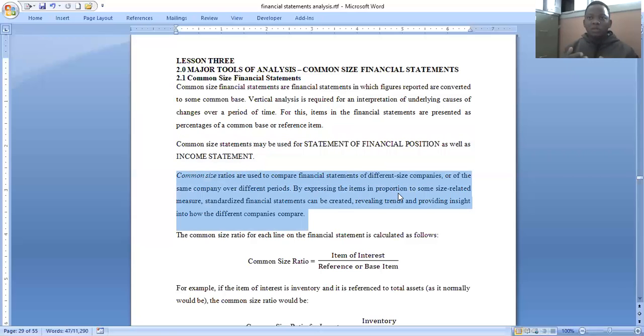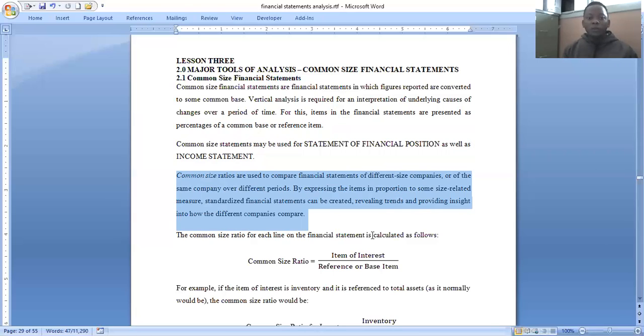The ratios are obtained when we convert each item in the financial statement to a percentage of a base item. So common size financial statements derive ratios which are used to compare the financial statements of different companies or of the same company over different periods.